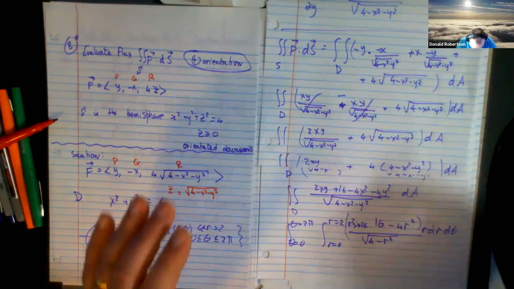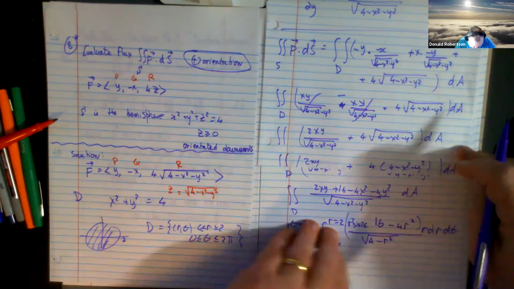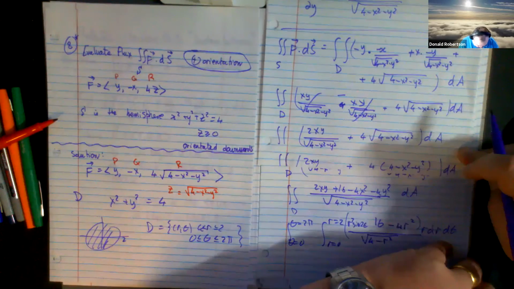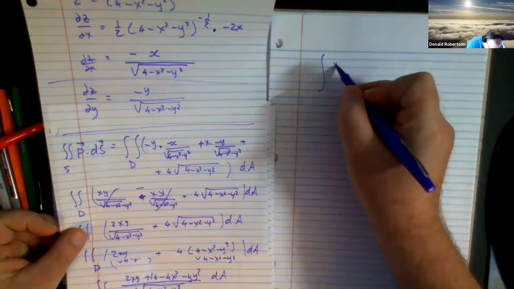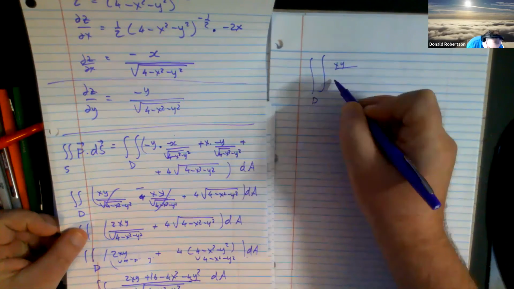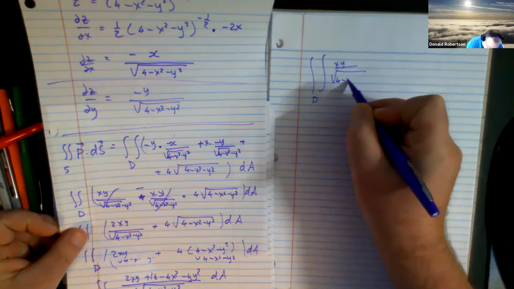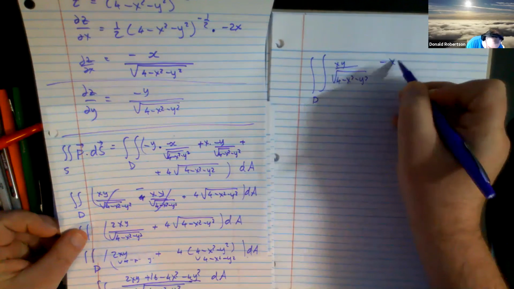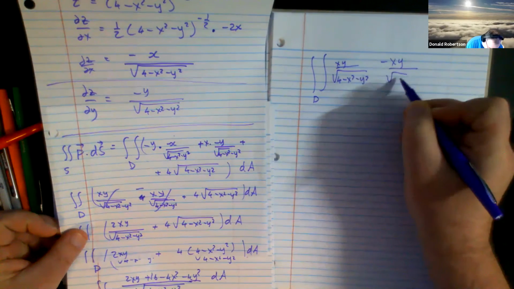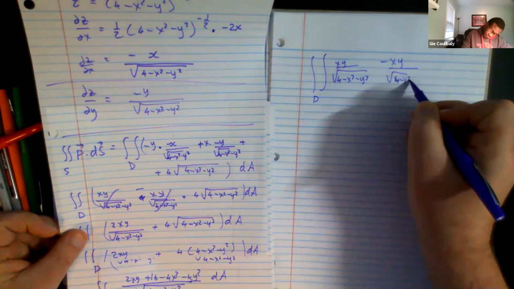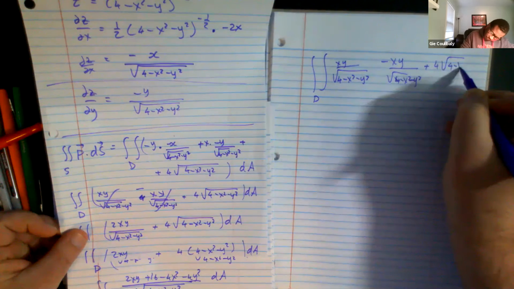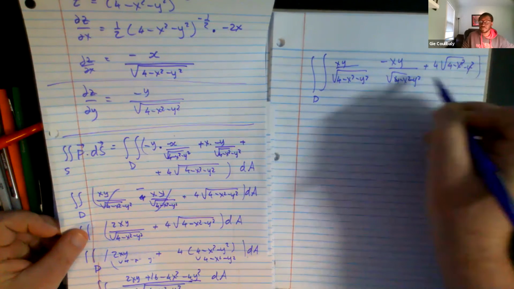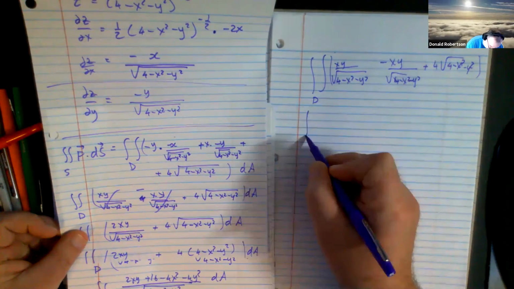So if you pretend that I did this right and I got a plus and a minus, all that happened was we had this fella minus this fella plus 4 of these guys. And that's a much easier integral to do.